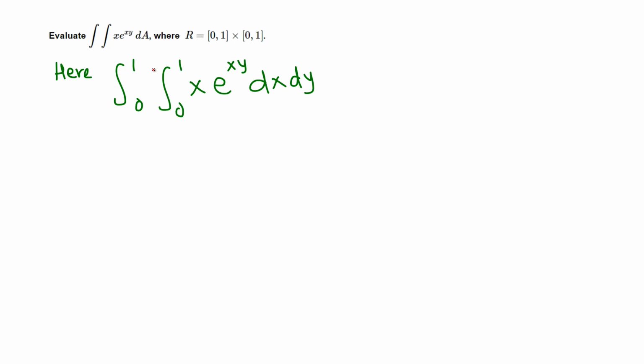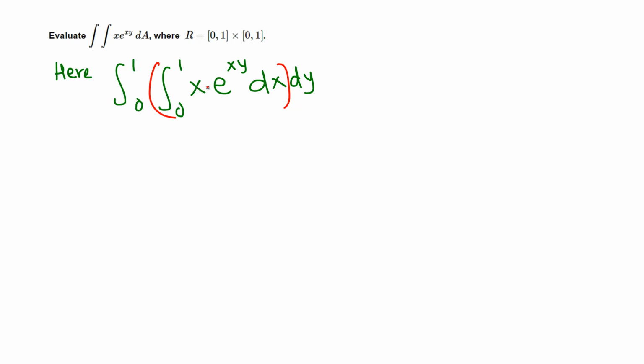So this is the same as working this first, then with respect to y. But since we can interchange dx and dy, you have to be careful. If we put x first, then we got a product of two functions. This is x, this is also a function of x.